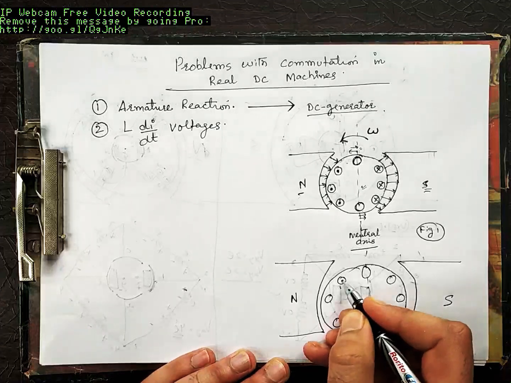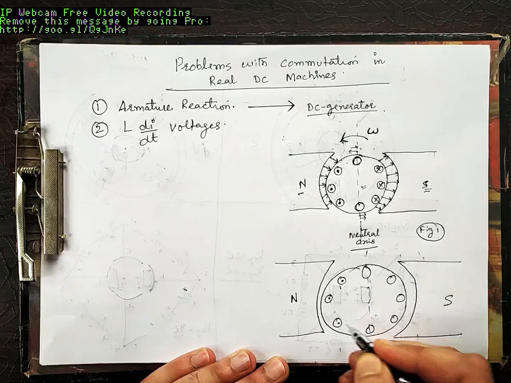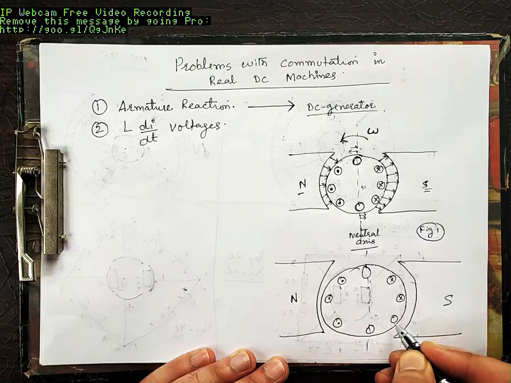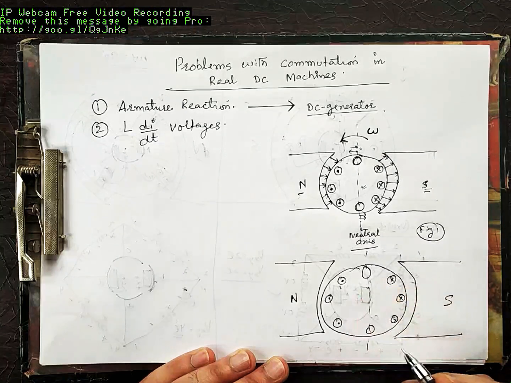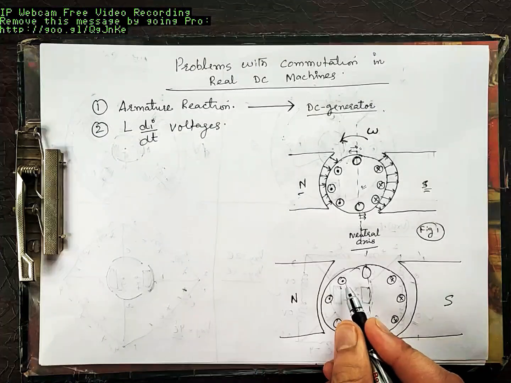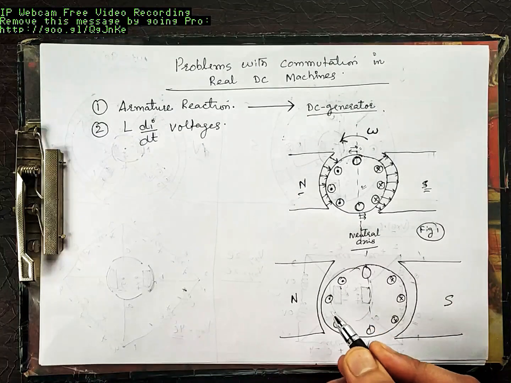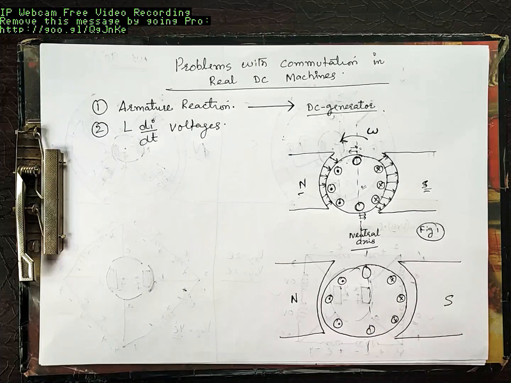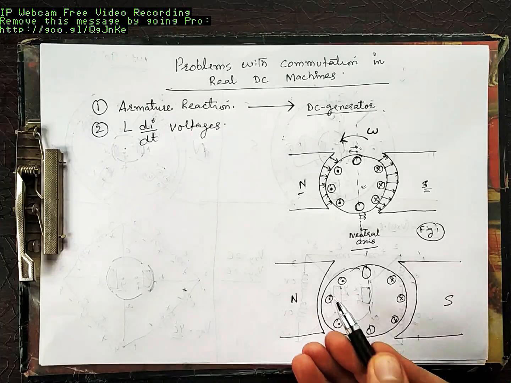This is dot, this is dot, this is dot, this is cross, this is cross, this is cross. No voltage is induced in these two. For these three sides, current is going into the plane of the page or coming out of the plane of the page.